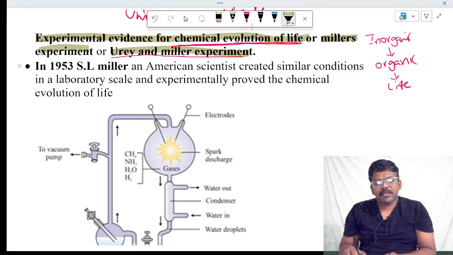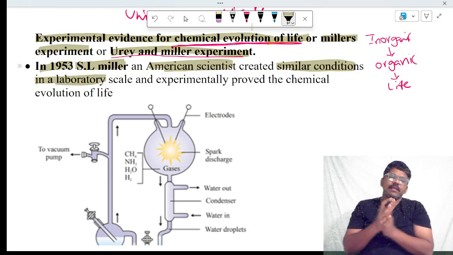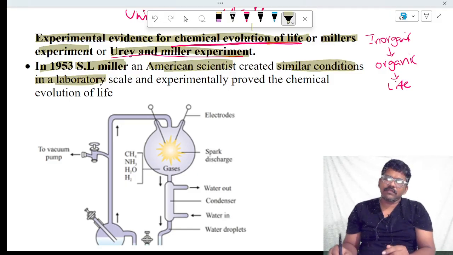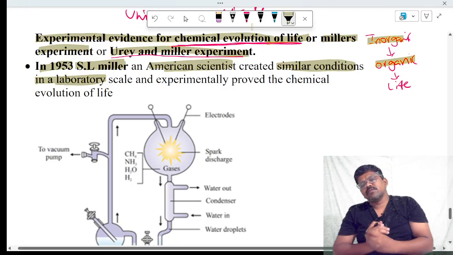The experimental evidence for the chemical evolution of life was given by Miller in 1953. Miller is an American scientist. He created similar conditions of primitive Earth in a laboratory, and later found the formation of organic molecules like amino acids from inorganic substances.